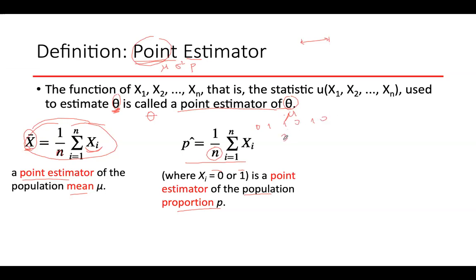So 3, I will add all of these, divide by 6, which will give me 0.5, which means 50% of the answers are yes, right? What I'm trying to do is find out the population proportion by using my data in my hand, which we have discussed before many times, okay?